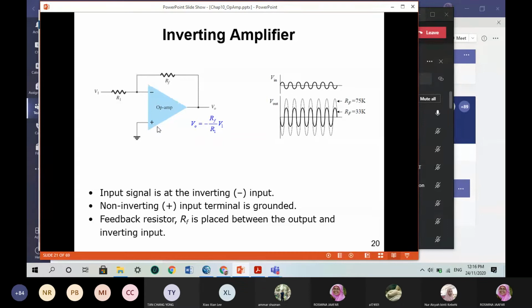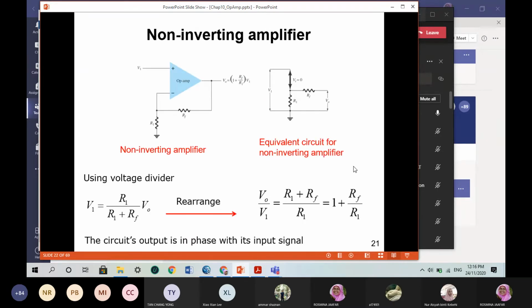In the arrangement of the inverting amplifier, the non-inverting input, V plus, is always grounded, and RF will determine the amount of the gain. Okay.